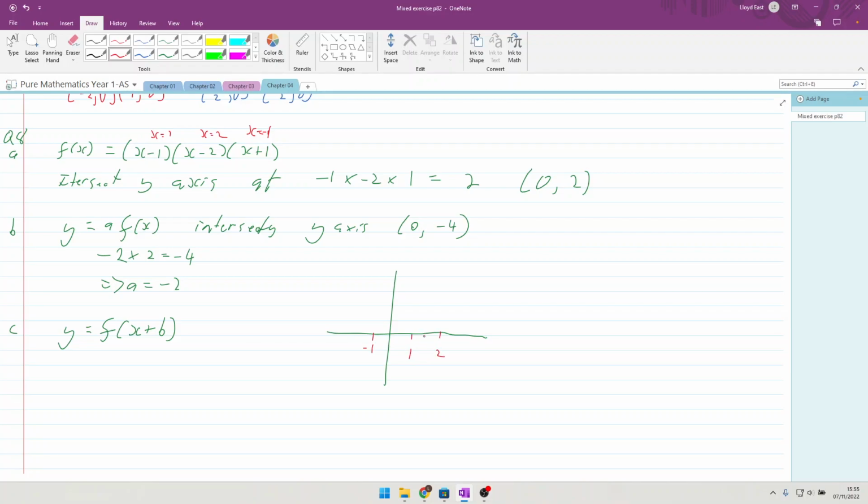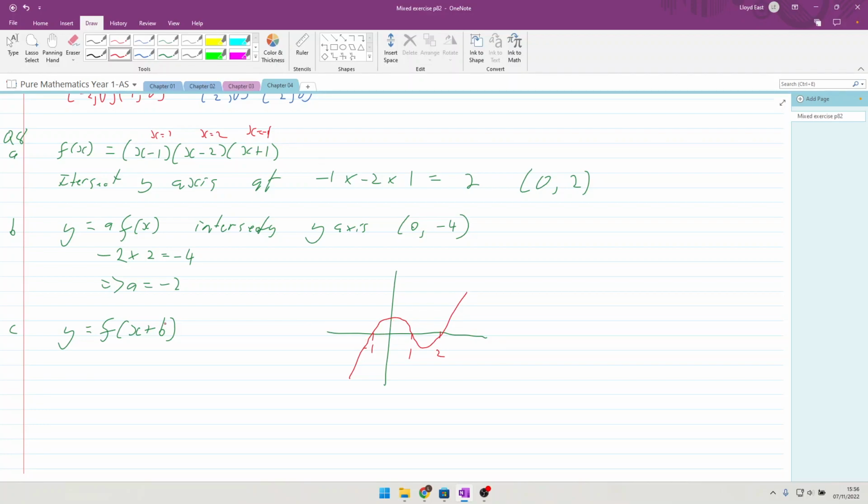Okay, it's a positive cubic, and so it's got that wiggle on it. Okay, so up here, down there, up there. There we go.